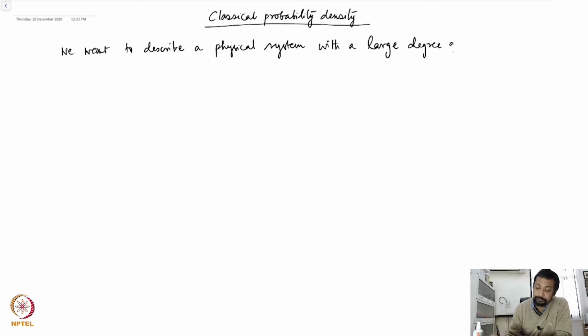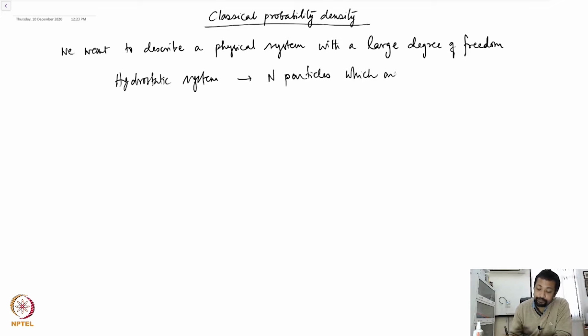For example, this can be a hydrostatic system with n particles which are contained in a box.